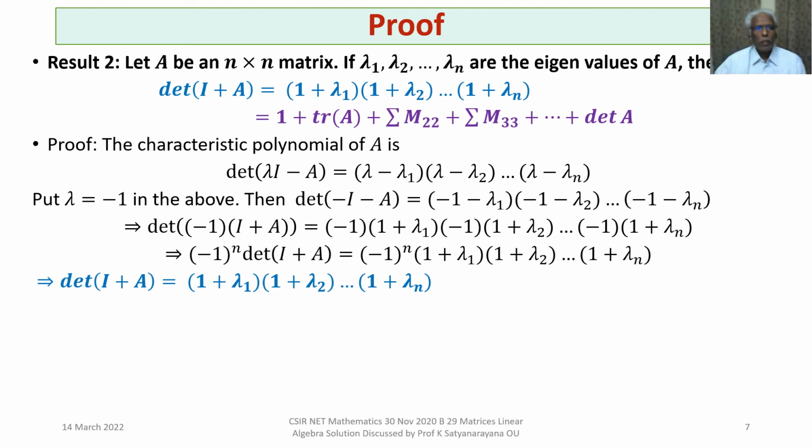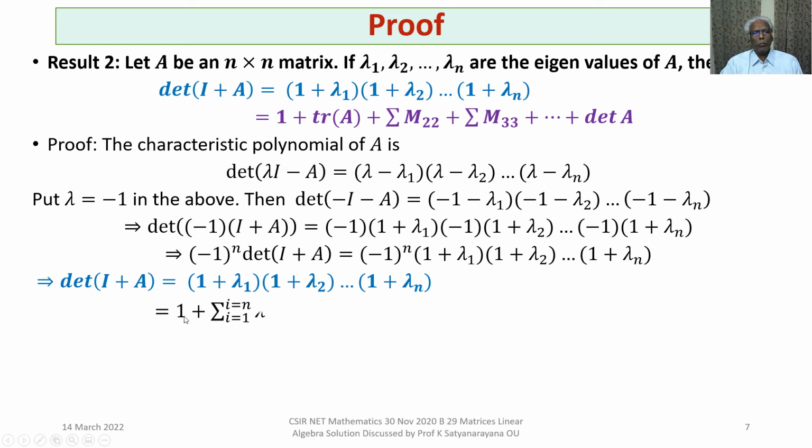That is, the determinant of I plus A is equal to (1 plus lambda 1) into (1 plus lambda 2) into etc., (1 plus lambda n). That's our first result. Now multiply this out, and this will be 1 plus the sum of all eigenvalues lambda i, plus the sum of the products of eigenvalues taken 2 at a time, plus the sum of the products taken 3 at a time, plus etc., up to all at a time.